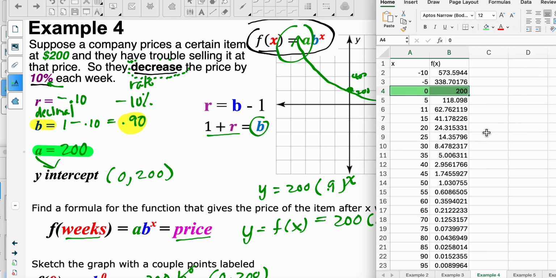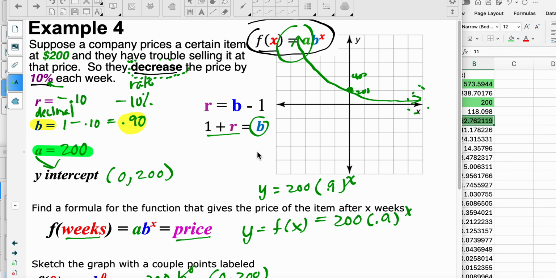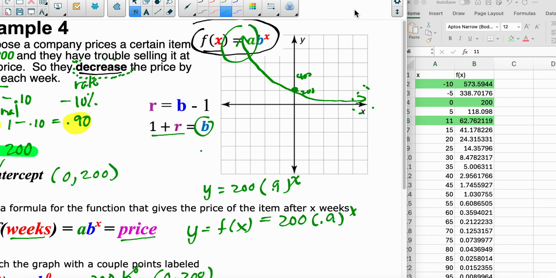because that's my initial amount. Let's pick this point here: when x equals -10, y equals 573. And then let's pick another one down here. I don't know, when x equals 11, y equals 62. And so we could just sketch those points here on the graph.